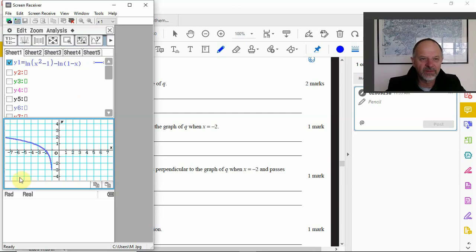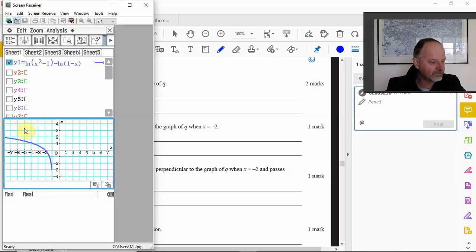It looks like x equals minus 1 is an asymptote, so we can go anything below that. So x less than minus 1 for our domain, and our range looks like it actually could be anything.